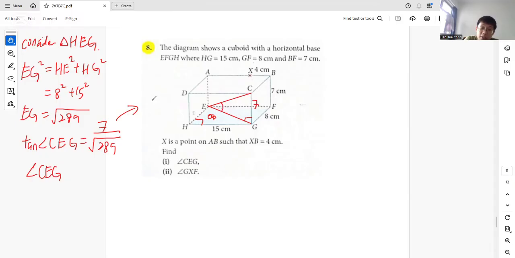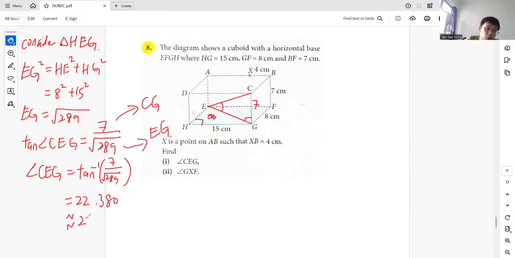Just to recap, 7 is CG, and the adjacent is EG. So angle CEG equals tangent inverse of 7 over square root 289. Then we will get 22.380, rounded off to 1 dp, so 22.4 degrees. This is an angle, so 1 dp.